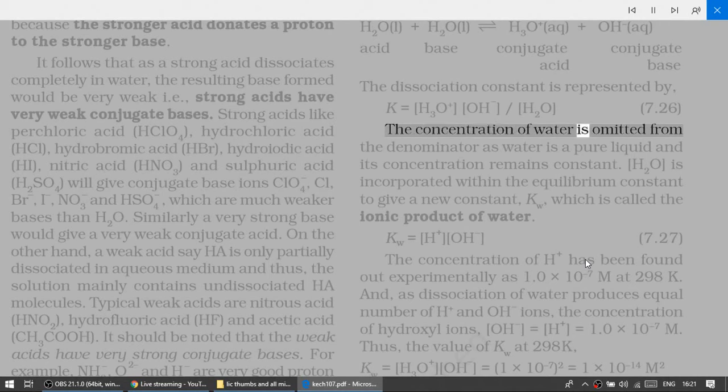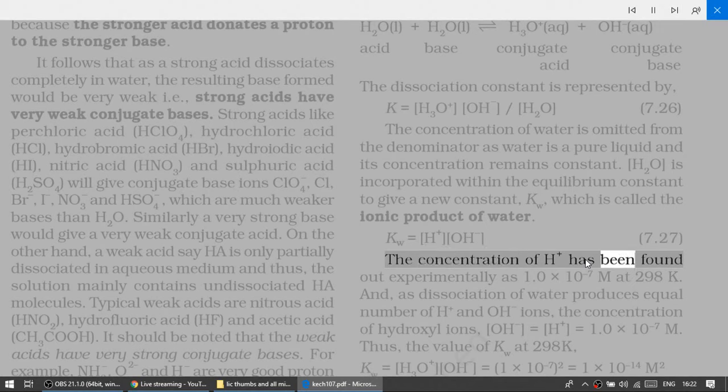The concentration of water is omitted from the denominator as water is a pure liquid and its concentration remains constant. [H2O] is incorporated within the equilibrium constant to give a new constant, Kw, which is called the ionic product of water. Kw = [H+][OH−] (7.27).